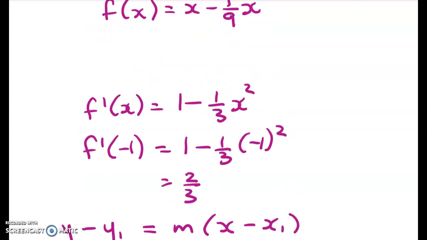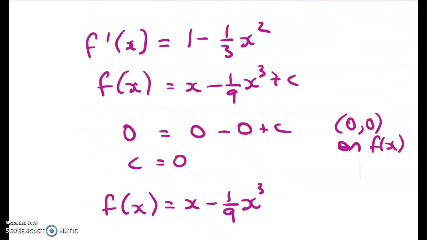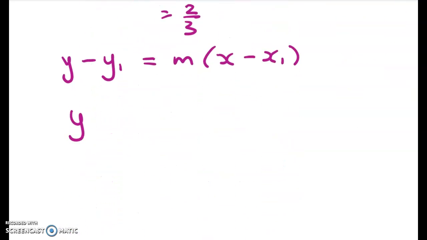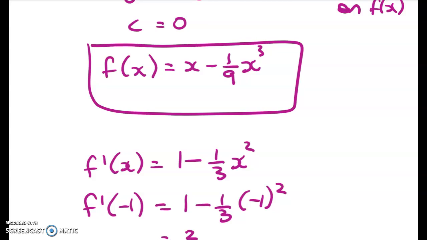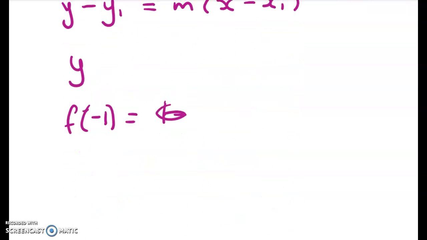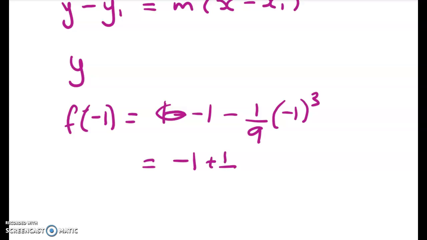Except I didn't find the value of the function at -1. Let's do that first. I'm substituting -1 into x minus 1/9 x cubed. So it's going to be -1 minus 1/9 of -1 cubed, which is -1 plus 1/9, which equals -8/9.